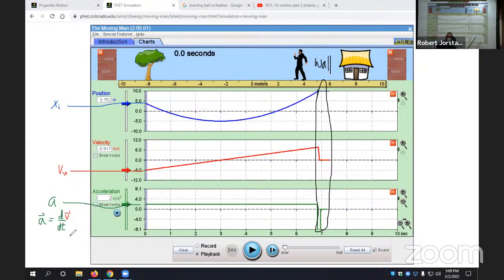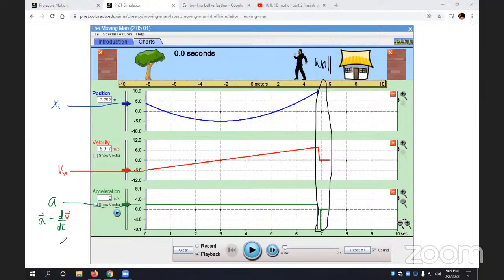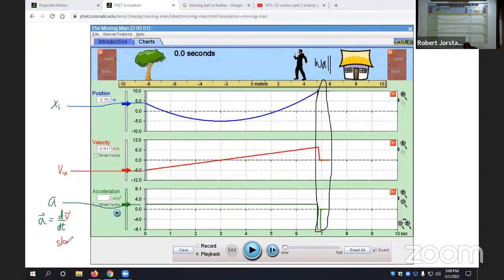What does the derivative mean on a graph? Slope of a tangent line. Slope. Now I want you to think. There's three graphs here. Saying slope is not enough. Slope of which graph? Slope of the velocity.